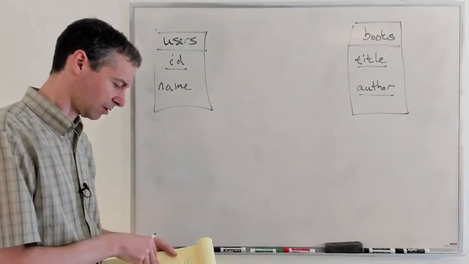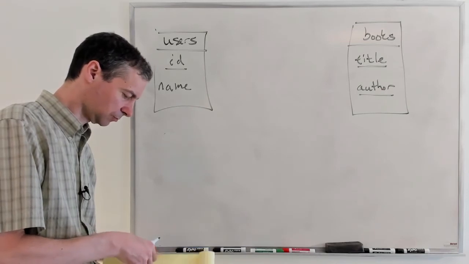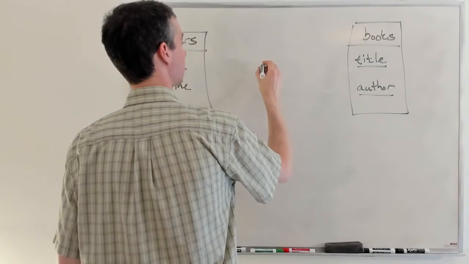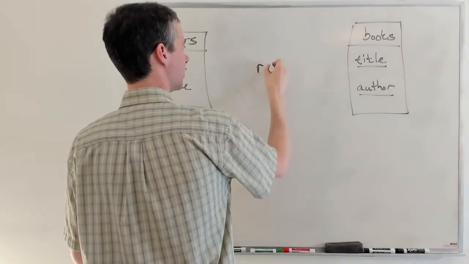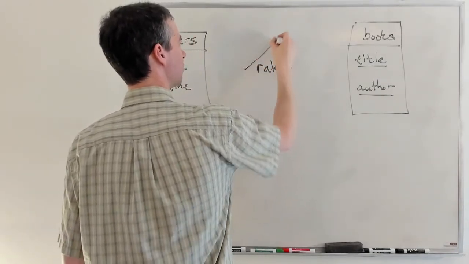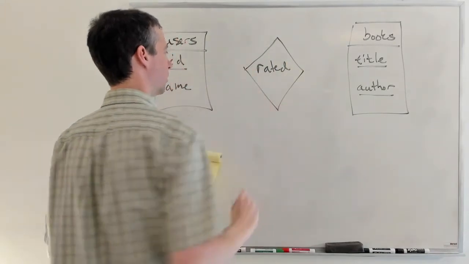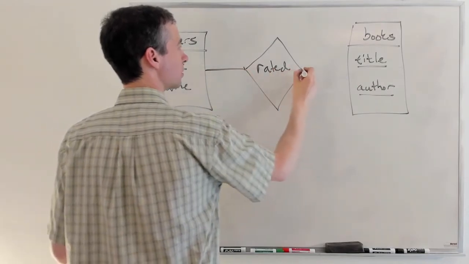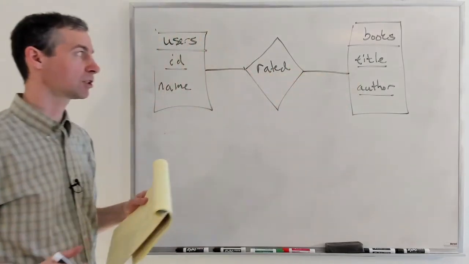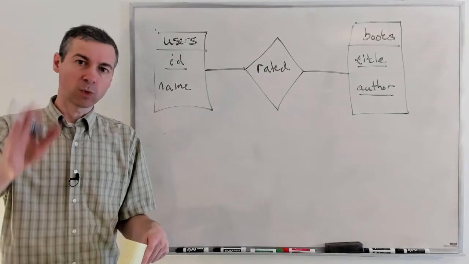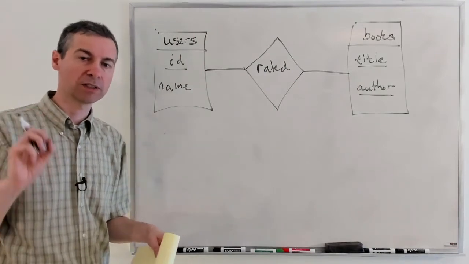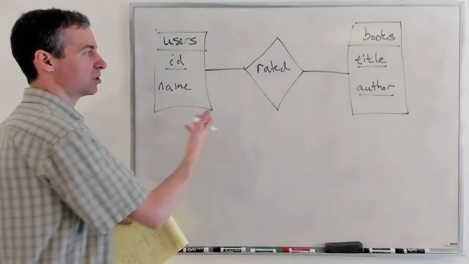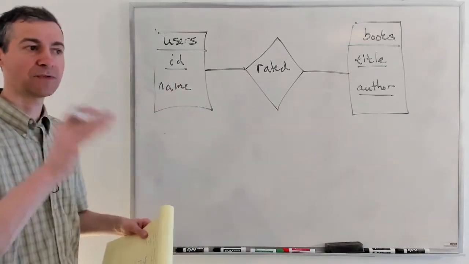So instead, we're going to make some relationship like rated. And I'm going to connect users to books via the relationship rated. Whoa, wait a minute. We now need to have an actual rating. We need to describe this relationship based upon, yeah, I gave that book a 5.